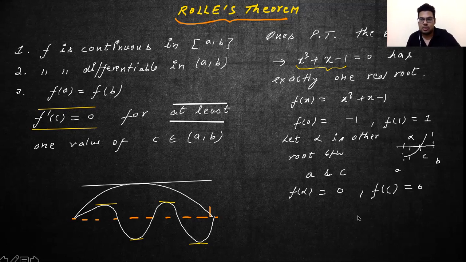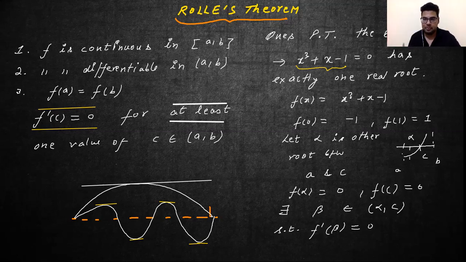Now in this case, what we have is, we can say that there exists, this is a symbol for there exists, a beta belonging to alpha and c, between alpha and c, such that we have f dash beta equals 0 according to Rolle's theorem, right?